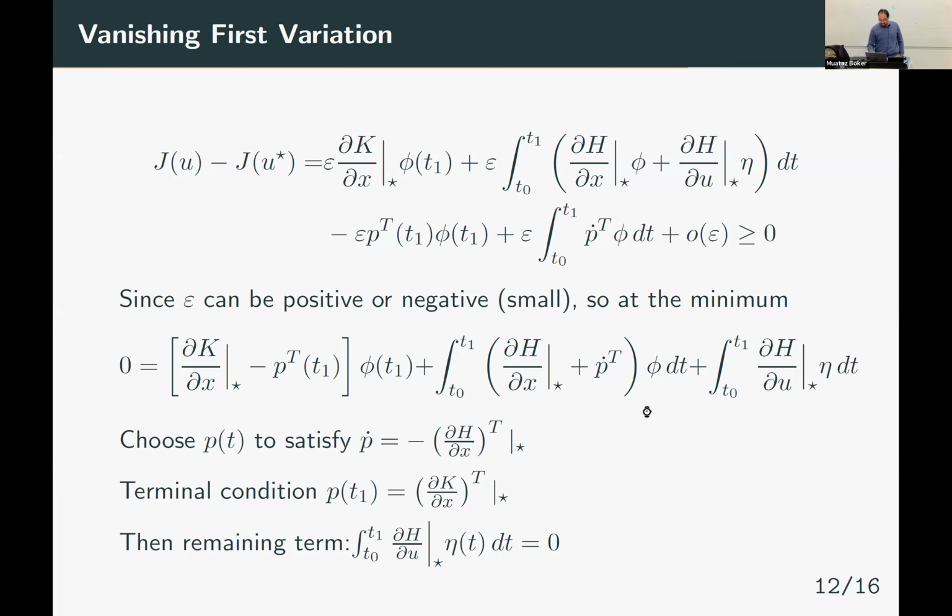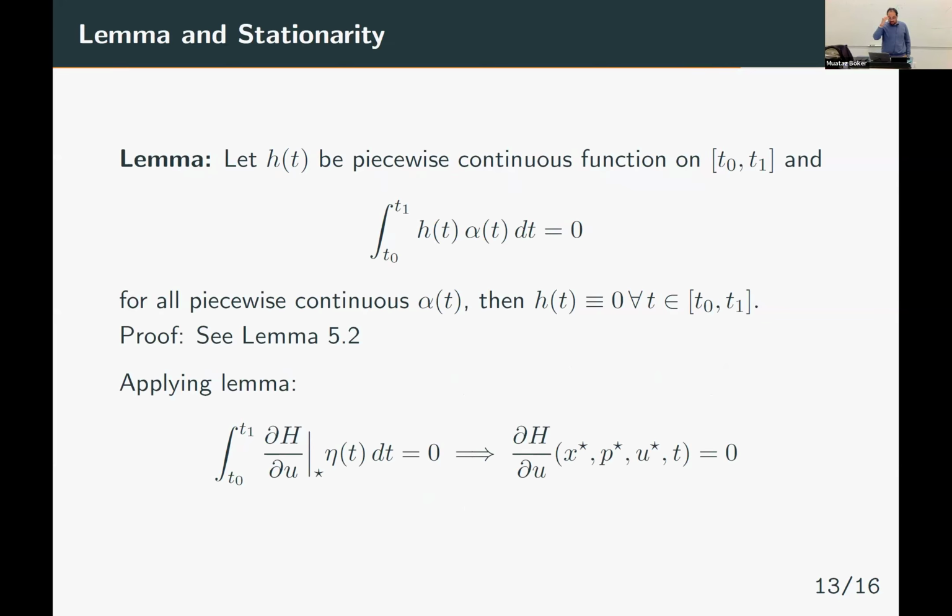Let's translate these conditions into practical conditions. In order to do that, first of all, let me give you this lemma here. This lemma is lemma 5.2 in the book, and the proof is in the book. So what does this lemma say? It says that let H be any piecewise continuous function on a domain, and let's say that we have the integral from T0 to T1 over that domain of that function times another piecewise continuous function alpha, for all piecewise continuous alphas, is equal to 0.